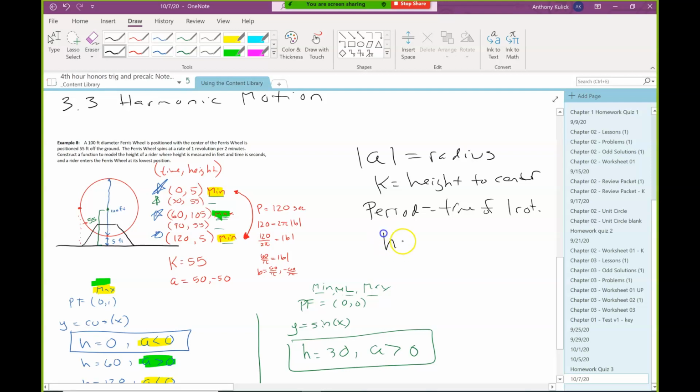And I would say the h is related to the starting position, depending on whether you're using sine or cosine. But the h is basically the time unit for the starting position. Assuming that I didn't give you something crazy like it's starting at a 45-degree angle with the ground or something. I wouldn't do that.